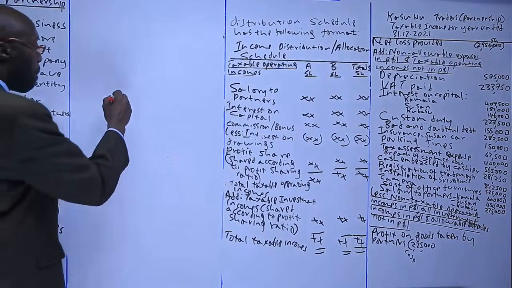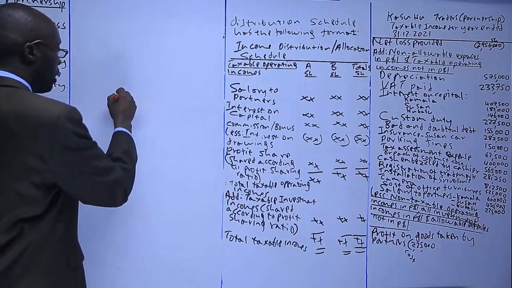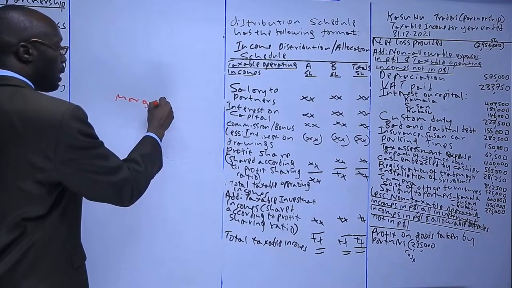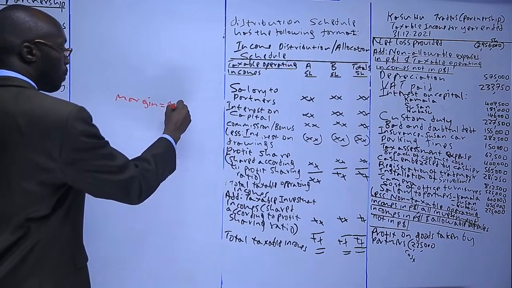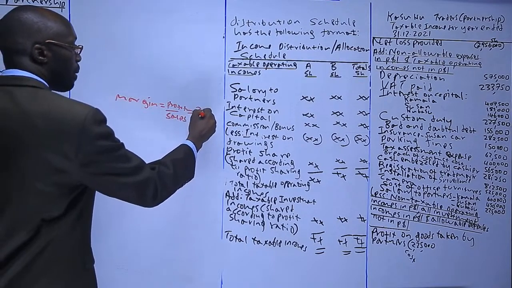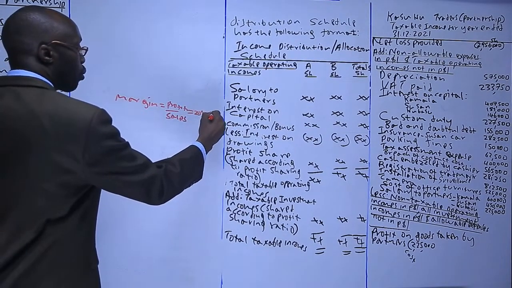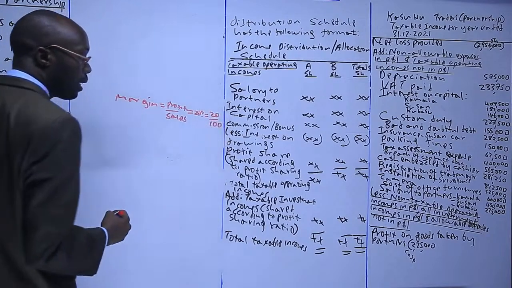Markup, let me start with the margin. Margin is usually equivalent to profit over sales, which in this case we are told is 20%. So 20% stands for 20 over 100.